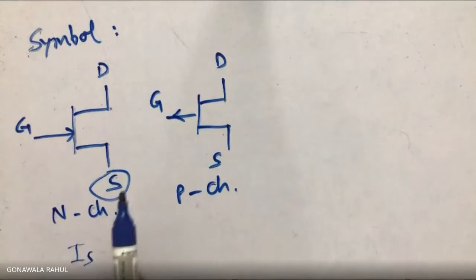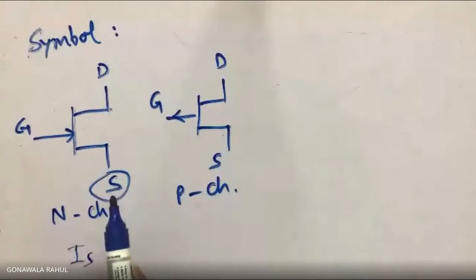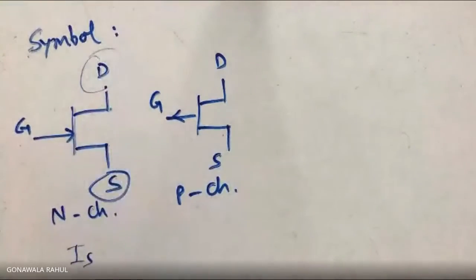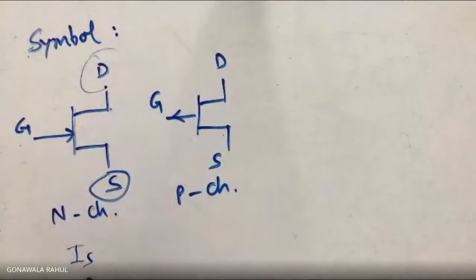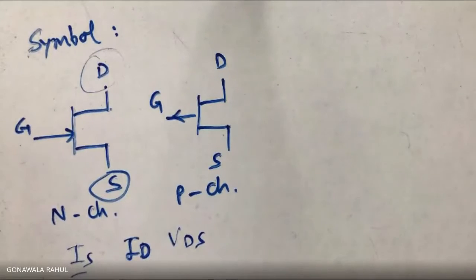Clear? Drain is the terminal through which majority carriers leave the channel, and that current is ID. Between drain and source we apply a voltage, and that voltage is known as VDS. Drain to source voltage is designated as VDS.